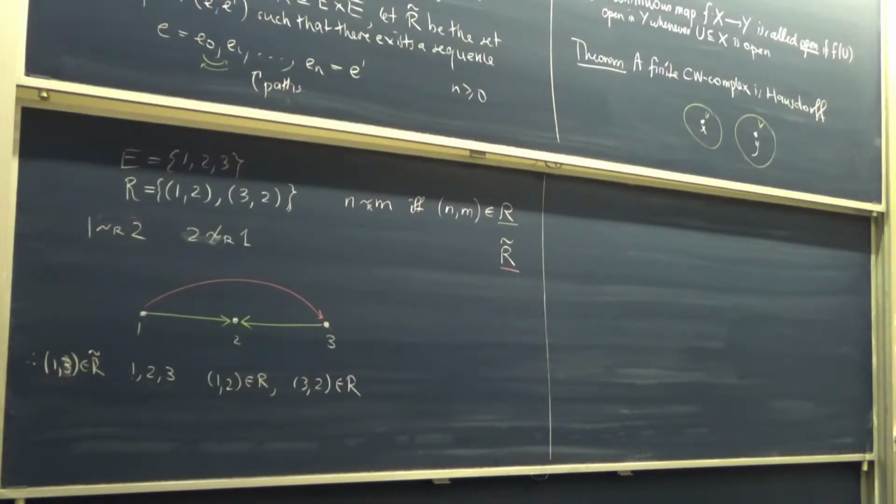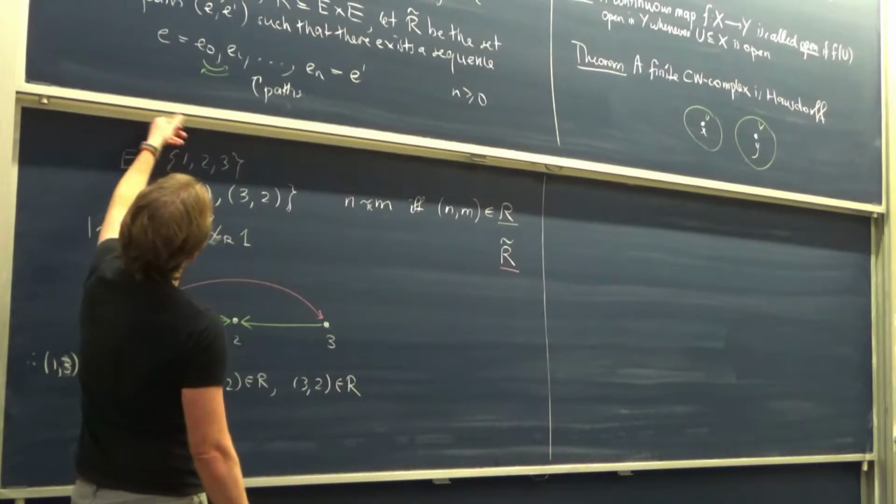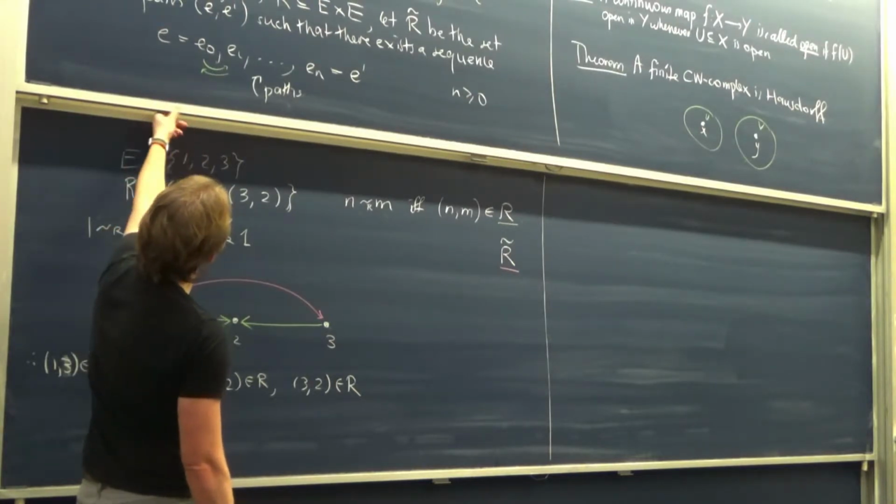Yeah, but that brings up a relevant point, which is, everything in R is already in R tilde. That's the n equals 0 case, right? Well, that's the reflexive case, rather.